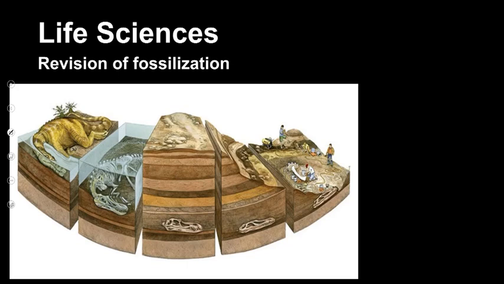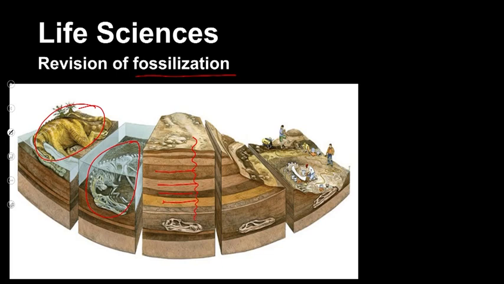We start off with revising how fossilization occurs. This is the same picture as in the last lesson. The animal first has to die, soft parts decay, the skeleton remains, and the skeleton is covered in sediment. Then layer upon layer of sediment is laid down over the skeleton.